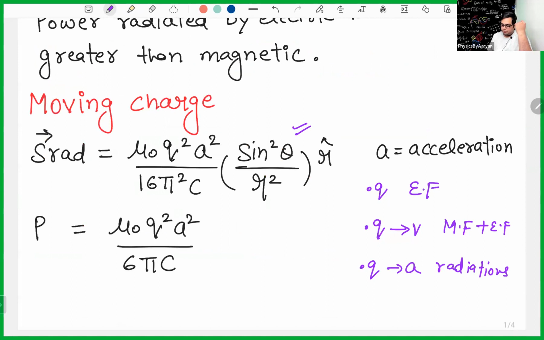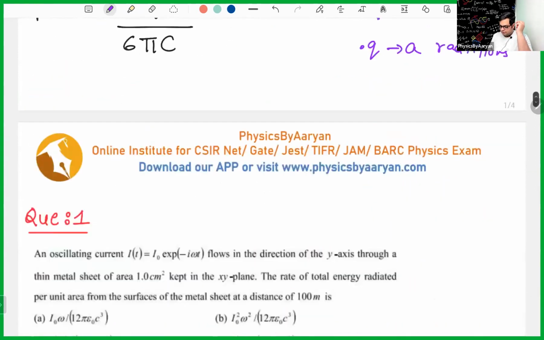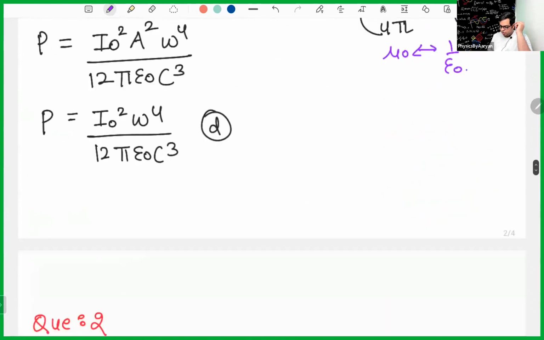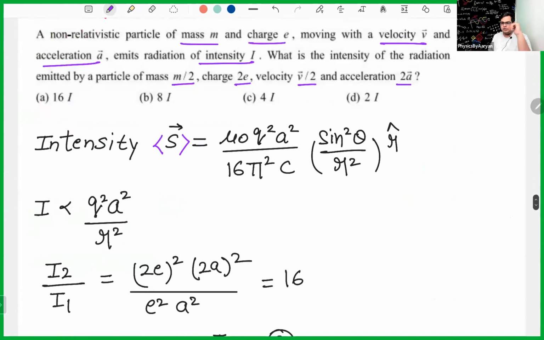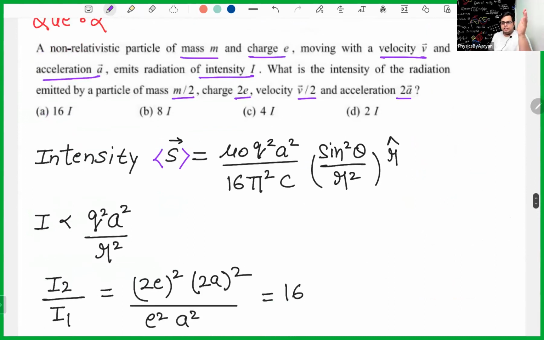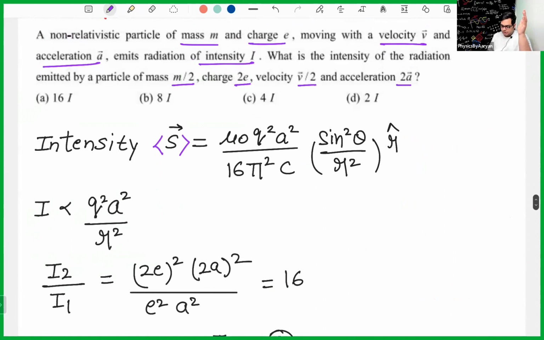So they are asking this, and since it is a moving charge, I will use this formula: mu naught q square a square by 16 pi square c, sine square theta by r square. I'm not changing distances. Either the charge is changing or the acceleration is changing.